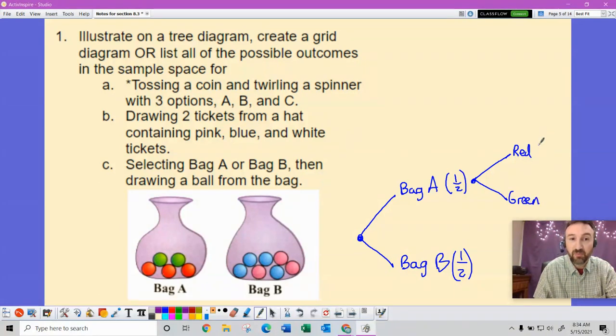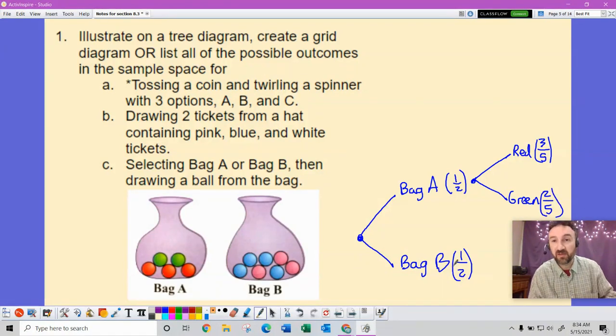And then you could list the probabilities there. So there's a 3 in 5 chance of getting a red ball, and there is a 2 in 5 chance of getting a green ball. So then if we extended this question and asked something about what's the probability of drawing bag A and then drawing a red ball, we would have to multiply the probabilities along those branches.